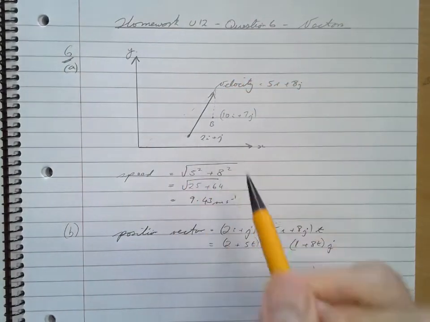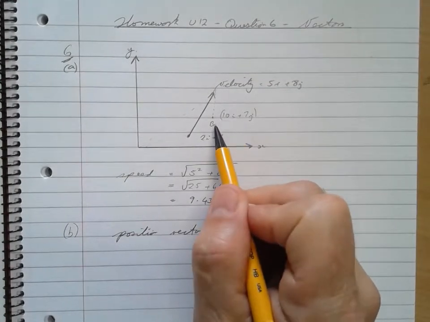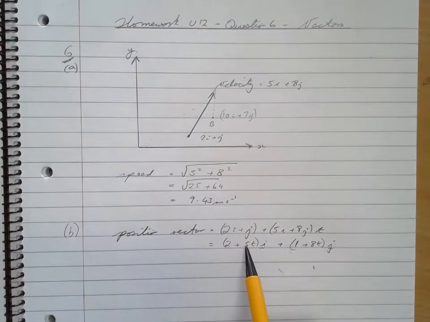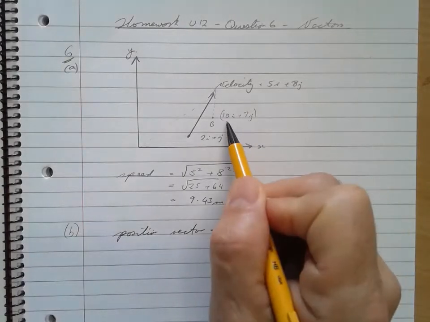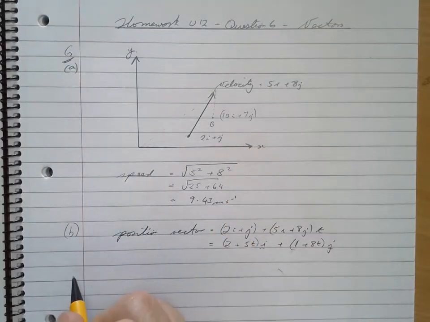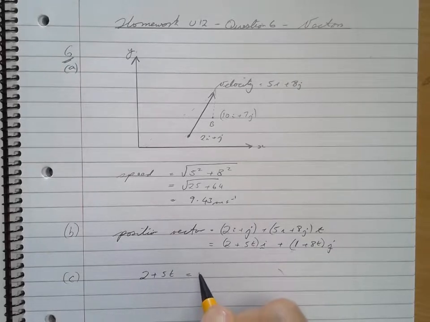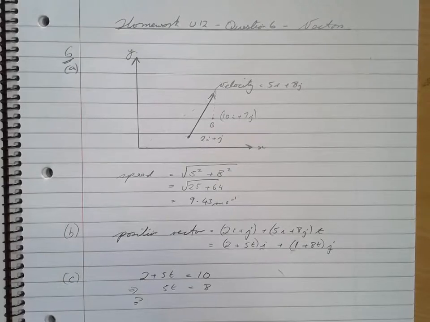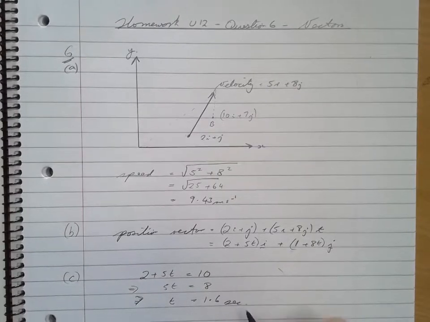When the ball is immediately above B, then the value of the i coefficient must be equal to 10. So in part C, we've got 2 plus 5t has got to be equal to 10, which means that 5t is equal to 8, which means that t is equal to 1.6 seconds.